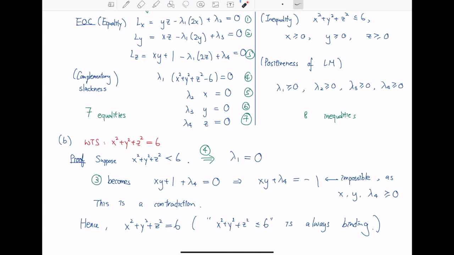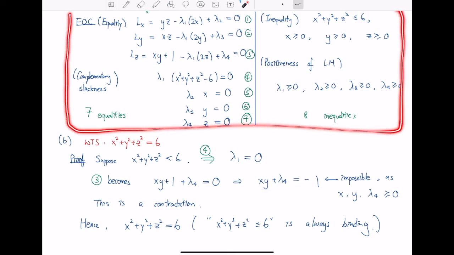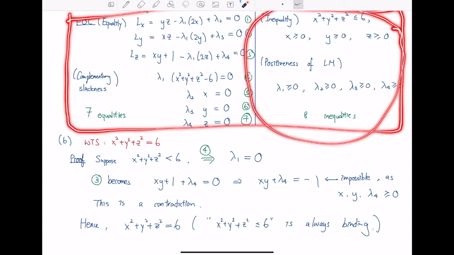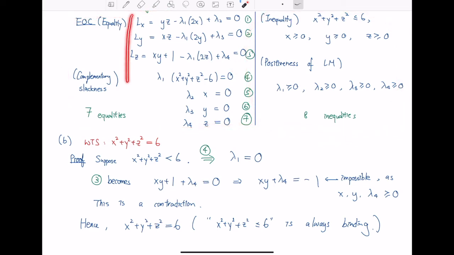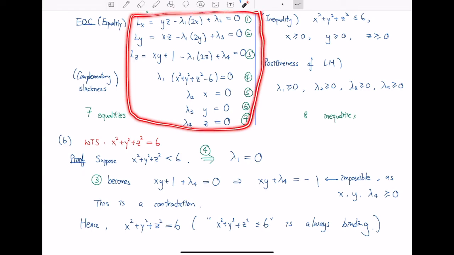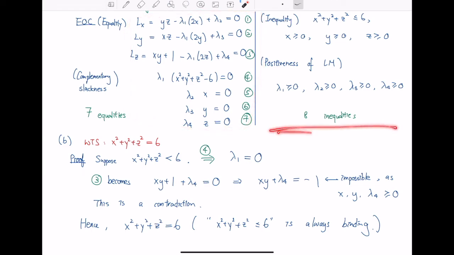The point I want to make about this example is that although for an inequality constraint problem the first order condition looks like a nightmare, actually the inequalities give you some restriction on what kind of solution you can have. So this system of equations is not as complicated as you think, given this set of inequalities. And this is a very basic example of how we can use the inequalities to simplify the equations.